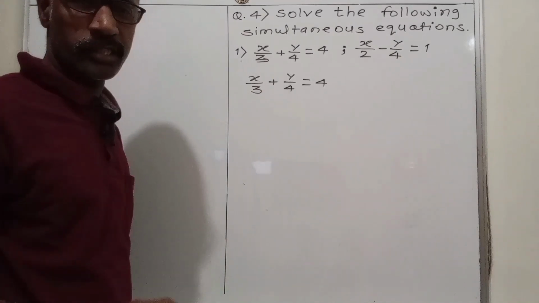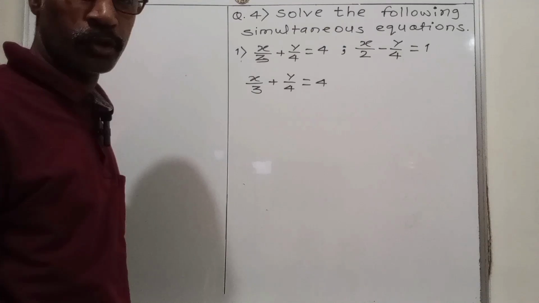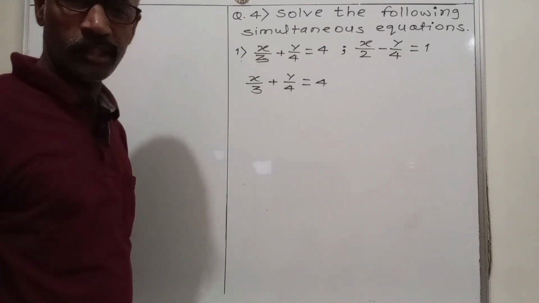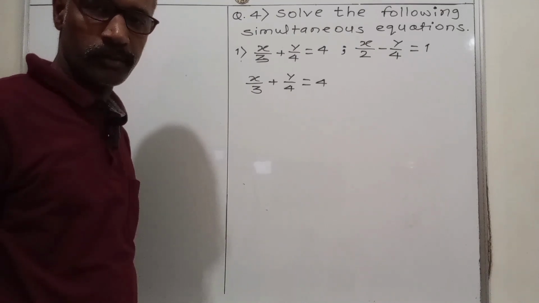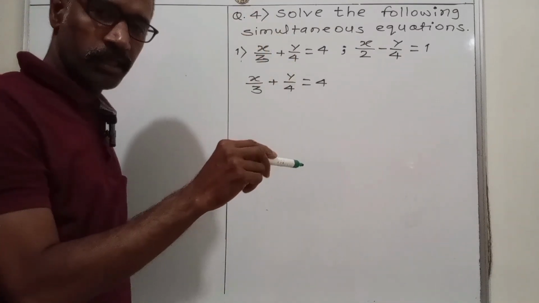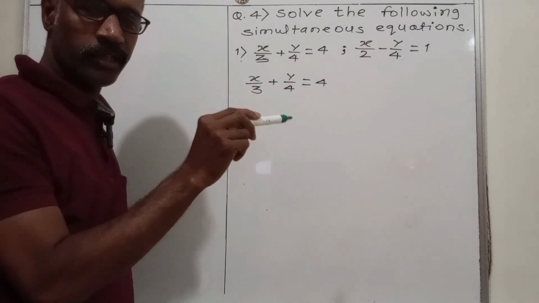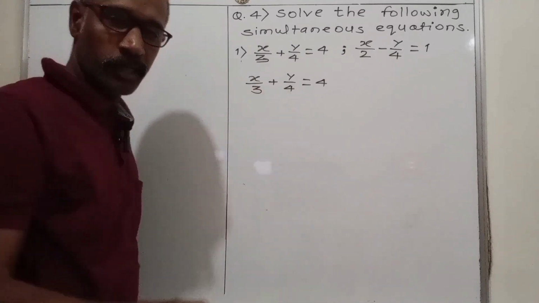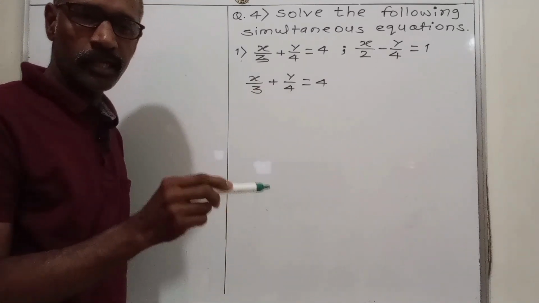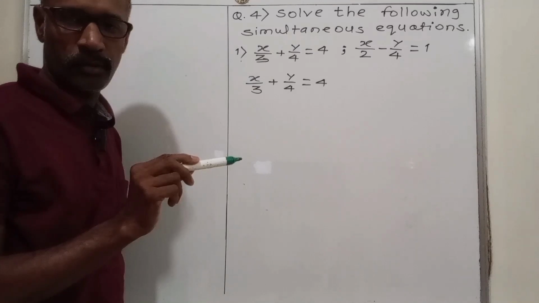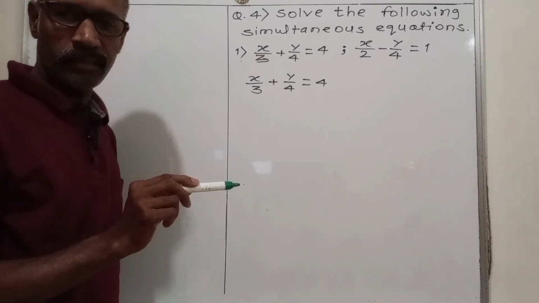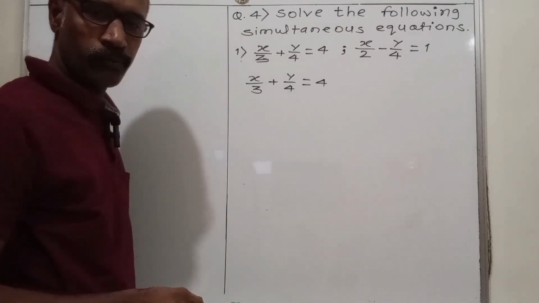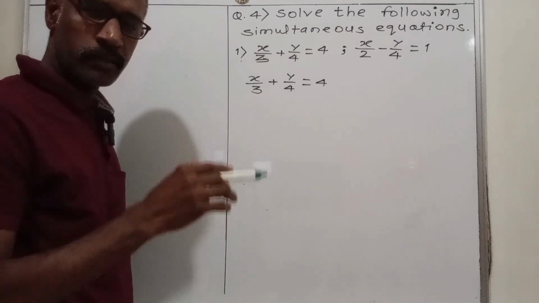What is the LCM of denominator 3 and 4? That number should be divisible by 3 and 4. Which is that? 12. 12 is divisible by 3 and 4. We want smallest number.